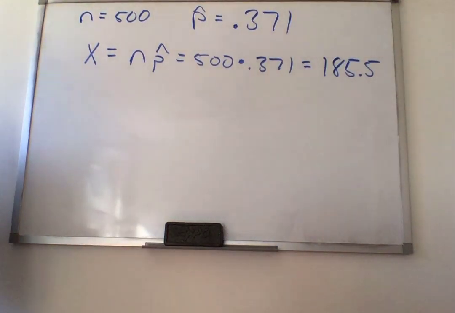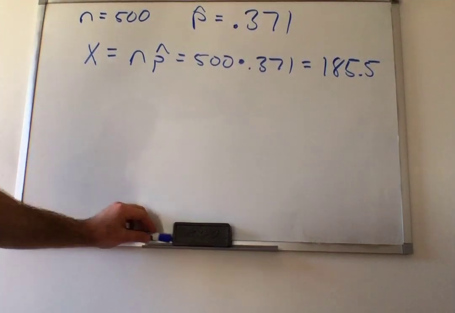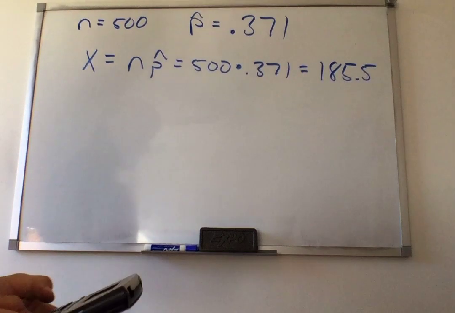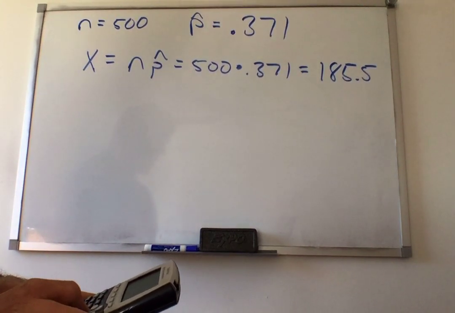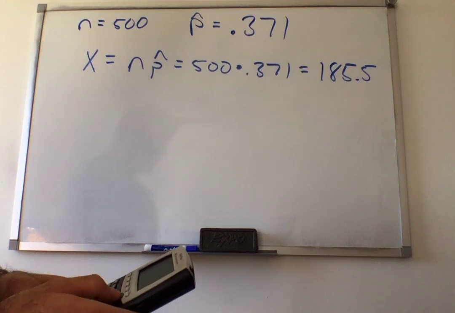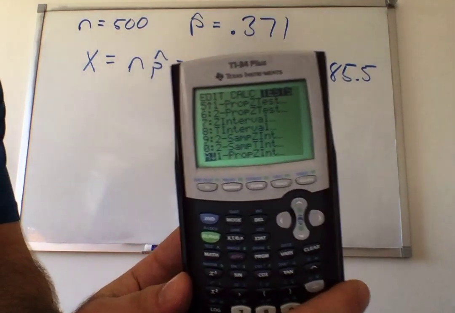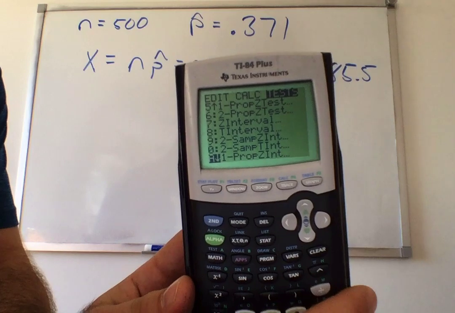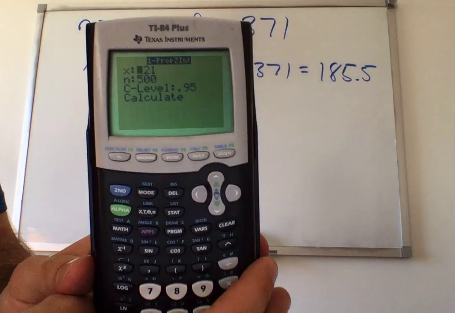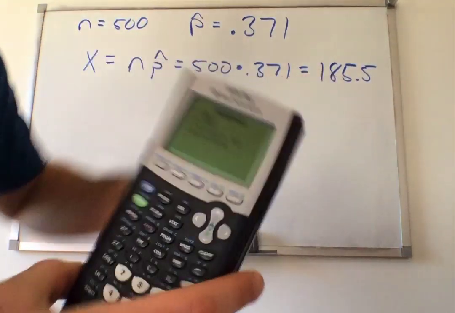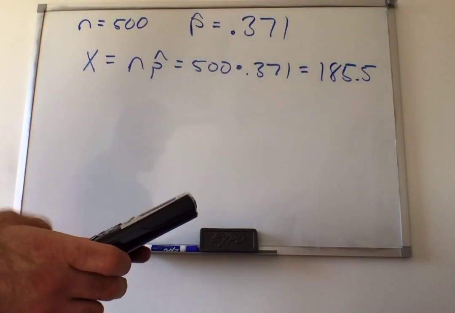No, you cannot. So if you're doing this on the calculator, let's go ahead and try this on a calculator. If I go to stat and go over to tests, and I scroll down to A, 1 proportion Z interval, hit enter, it asks me for an x value, okay? Now, let's put in 185.5.